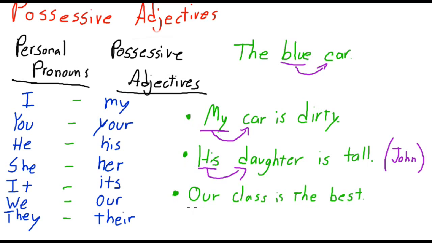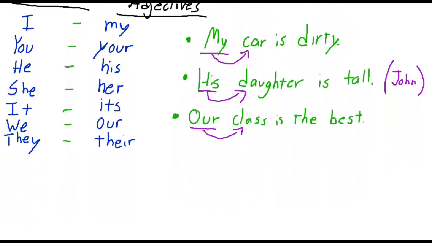You can say our class is the best. You're very proud of yourselves. Our class is the best. And our is describing the class. Okay? So that will kind of give you an idea of how we use possessive adjectives. But we can also use them together with other adjectives. Let me give you a couple more examples of that.